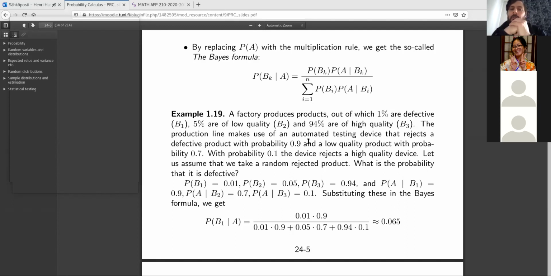apparatus for these products. The particular method that we use has a certain reliability. It can reject low quality products fairly easily. High quality products are fairly seldom rejected, and defective products are rejected with a very high probability.